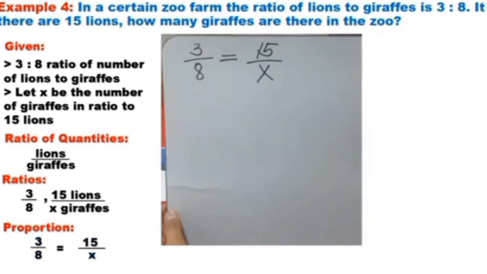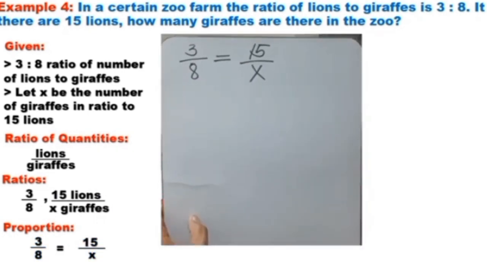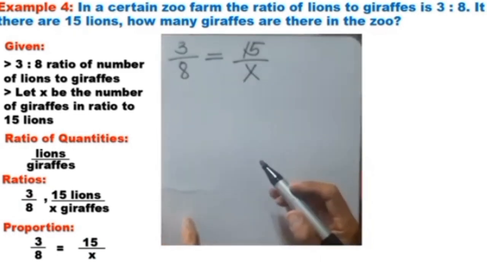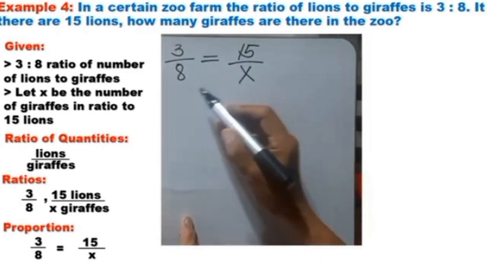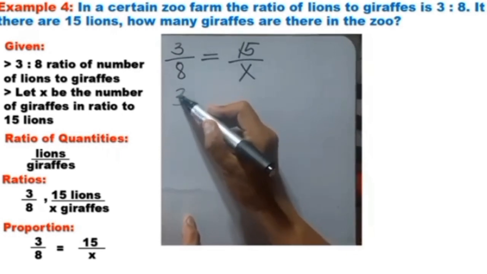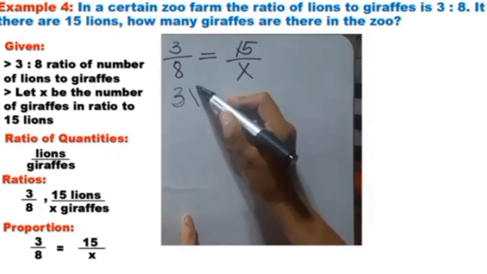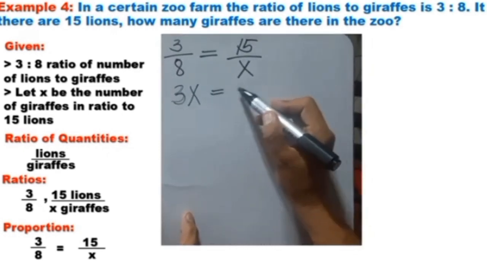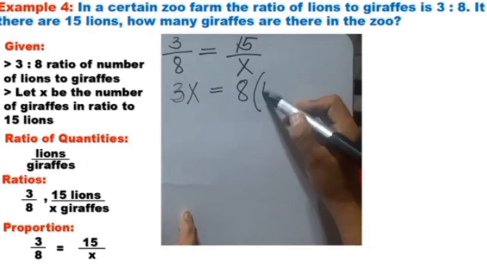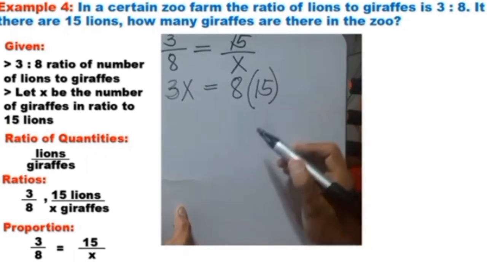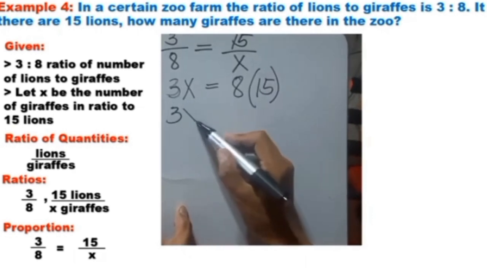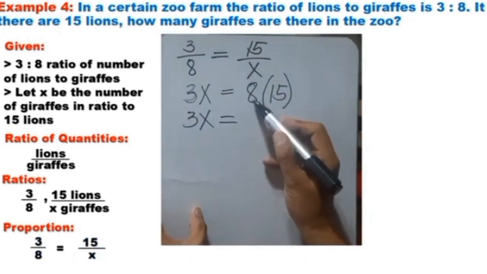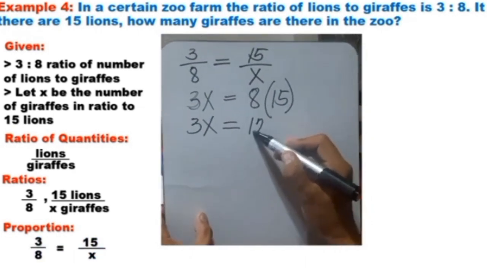To solve the proportion 3/8 equals 15/X, cross multiply again. So we have 3 times X equals 8 times 15. Copy 3X, multiply 8 and 15, so we have 120.